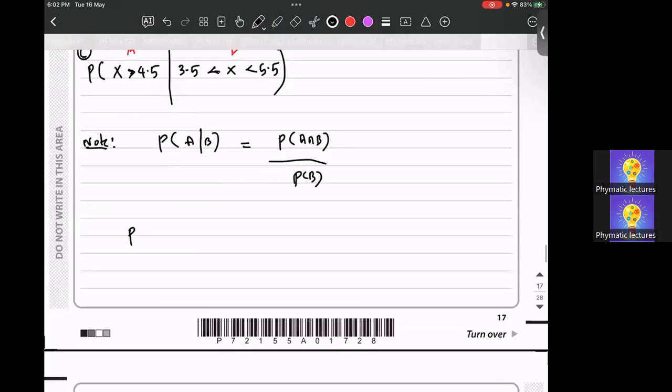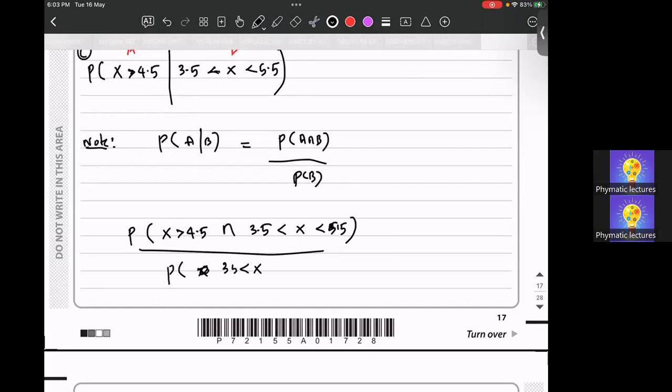So probability of X greater than 4.5 intersection X between 3.5 and 5.5, divided by probability of X is in between 3.5 to 5.5. So this is the idea.